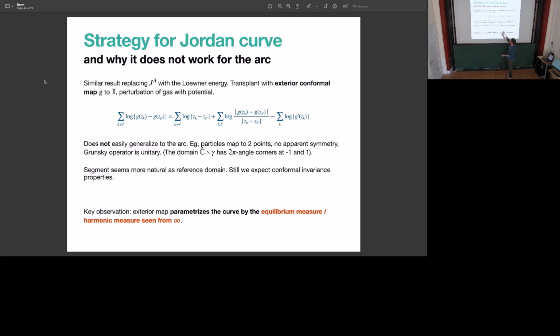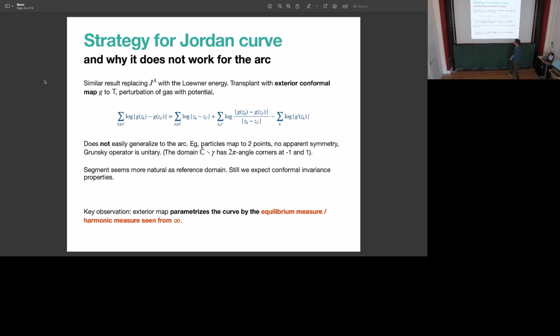So there's something difficult. And you somehow feel that it's a bit strange to try to use the circle as reference domain. This is very different from the arc. Maybe it's more natural to just use a straight line segment or something like that. But then it's not so clear how to use the conformal map anymore. So you run into these problems.